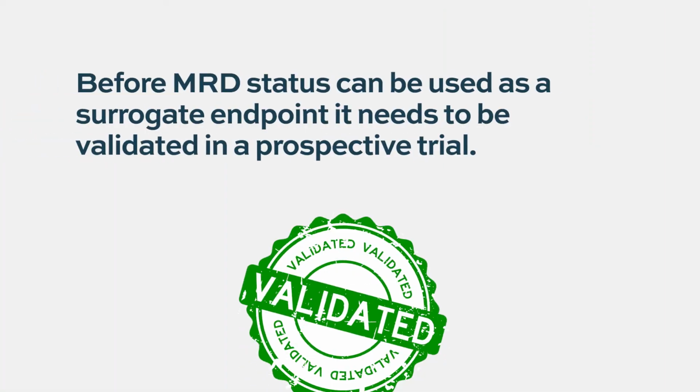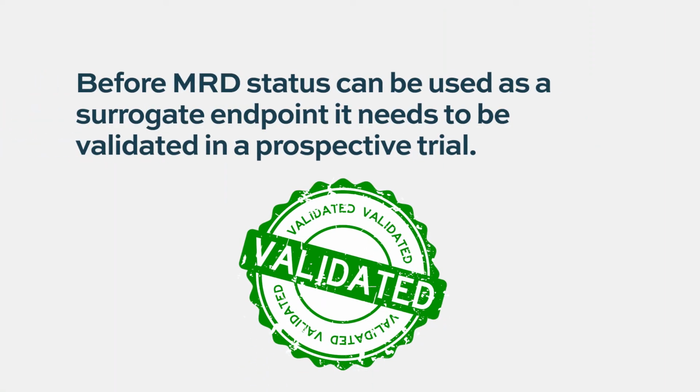I think there's general agreement in the field that it is important to do this in a prospective manner. In other words, we can look back at a lot of trials and ask, was there a relationship between MRD and progression-free and overall survival? There's been a lot of interest in that, and a lot of work has been published on it. But the true acid test of that hypothesis is to do it in a prospective manner. In other words, the plan from the outset is to use both MRD and either progression-free or overall survival as endpoints in the study.